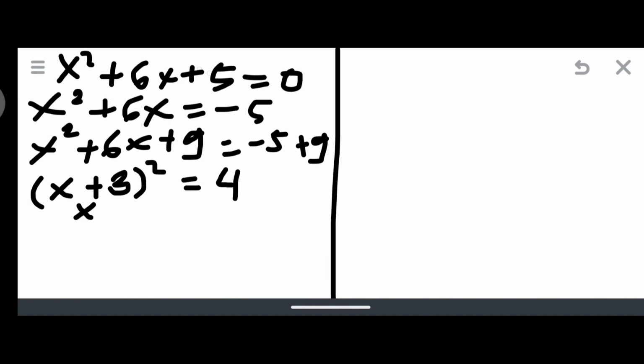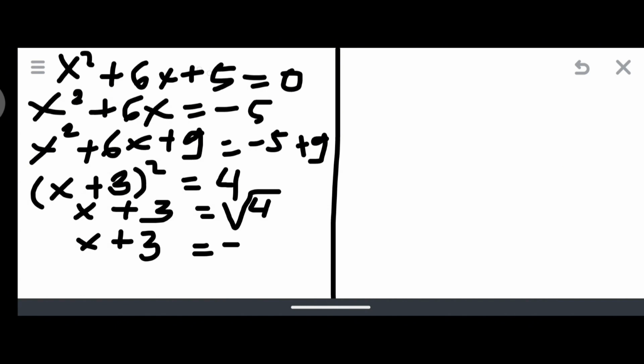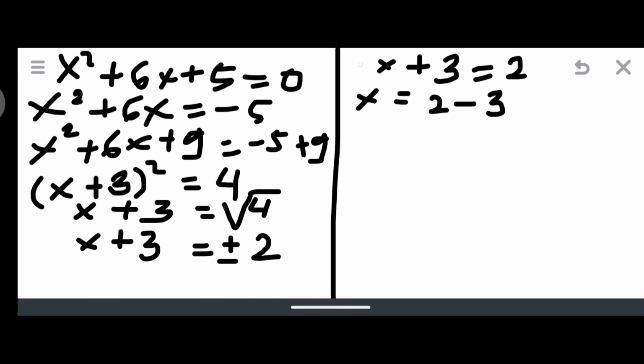Taking the square root of both sides, we get x plus 3 equals plus or minus 2. Solving for x, we get x plus 3 equals 2, x equals 2 minus 3 equals -1.